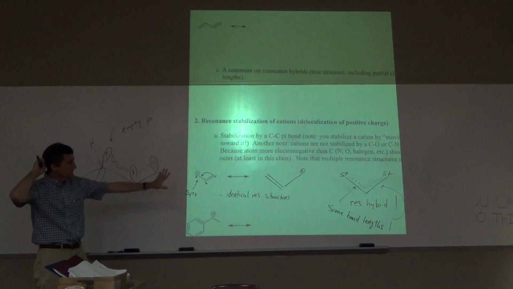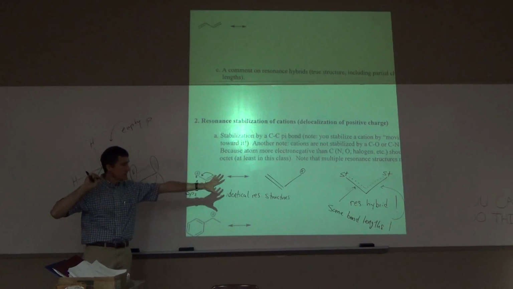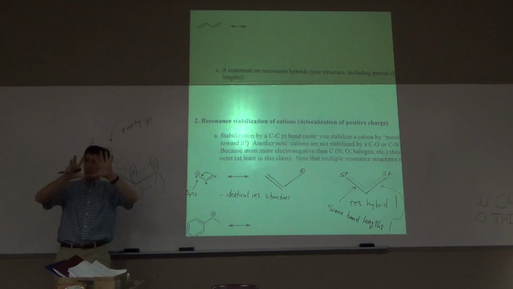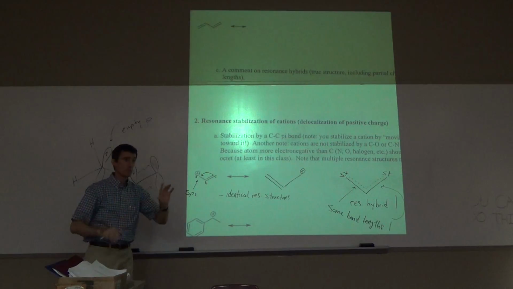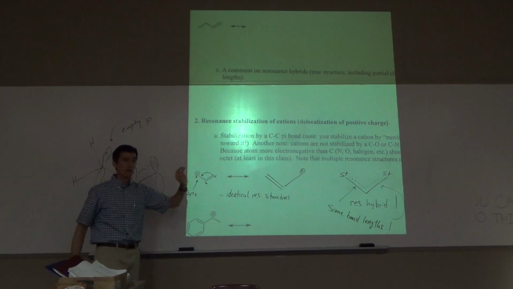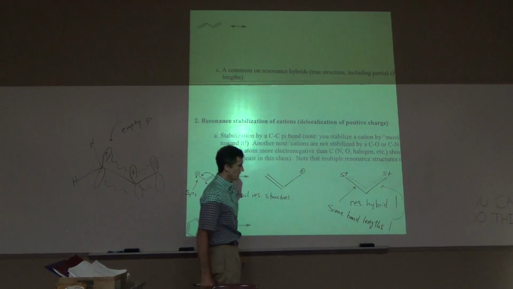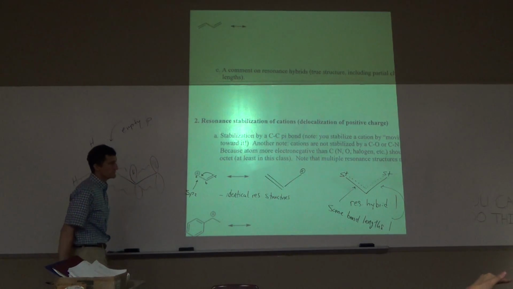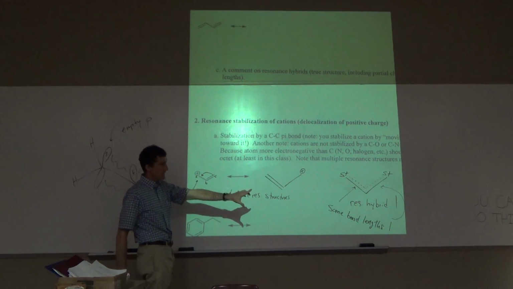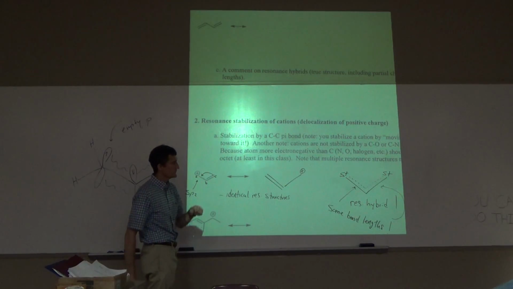If you could take a picture of this cation, you would see the electron density spread out. It would be a very symmetrical cation. That's a resonance hybrid.